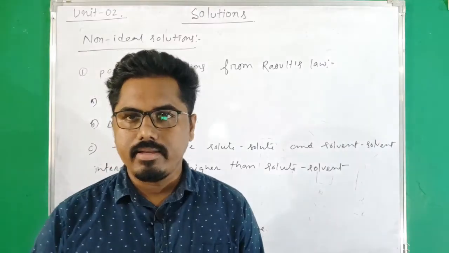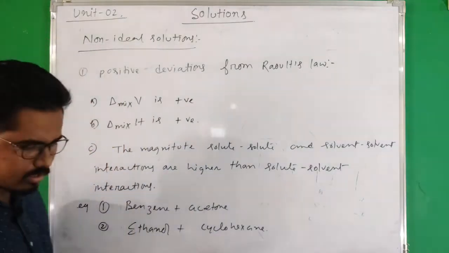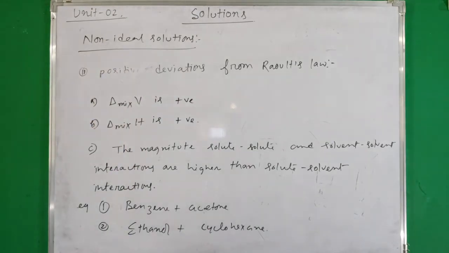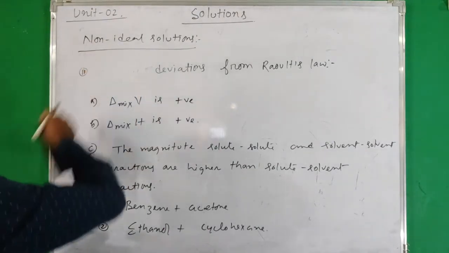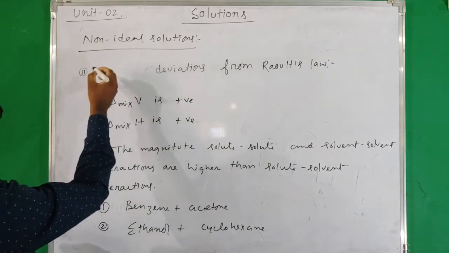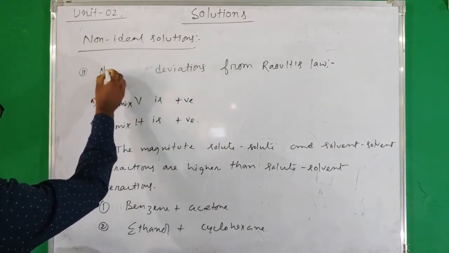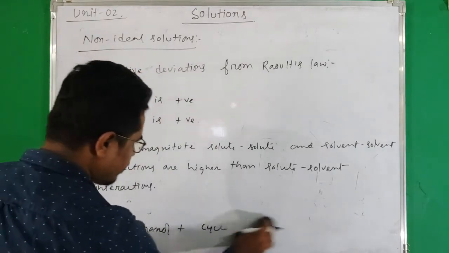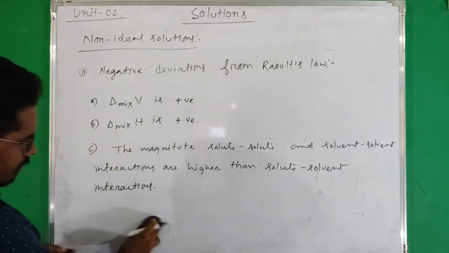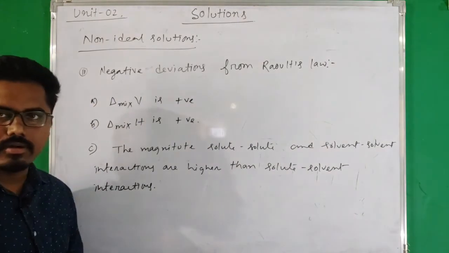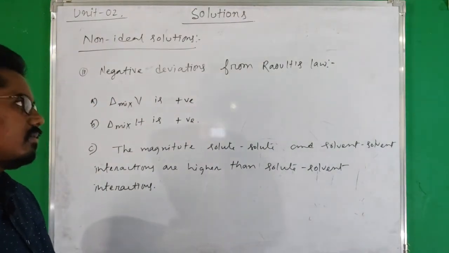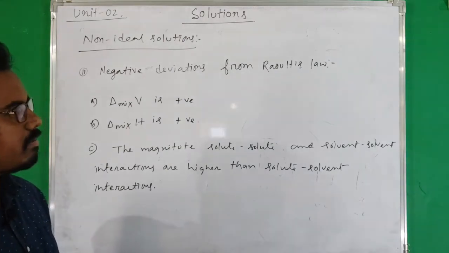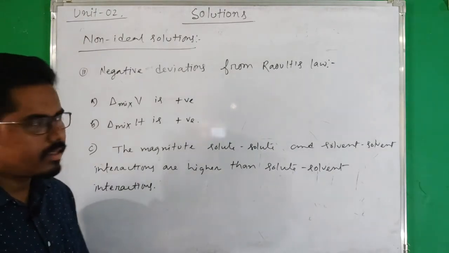Okay, next we will discuss solutions showing negative deviations from Raoult's law. At first we discussed solutions showing positive deviations, now solutions showing negative deviations from Raoult's law. In these solutions the vapor pressure is always lower than predicted by Raoult's law.